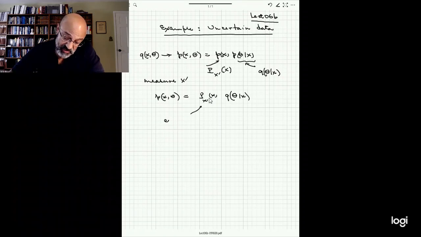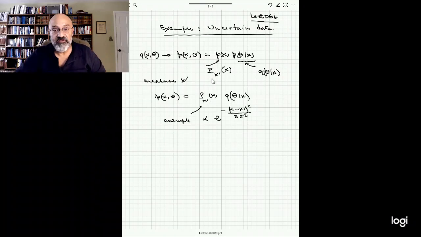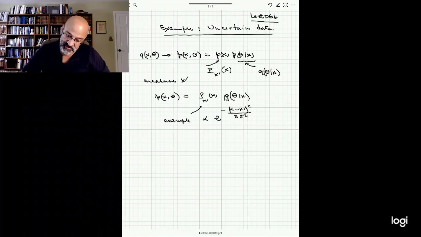An example could be that this probability is something that is like Gaussian. It's proportional to minus x will differ from x prime by some amount that is proportional to with a certain probability, and here you have some error for that measurement. And so if you happen to know this function here, you just plug it there with the appropriate normalizations and all of that, and that's a perfectly reasonable new estimate of what p theta is going to be.